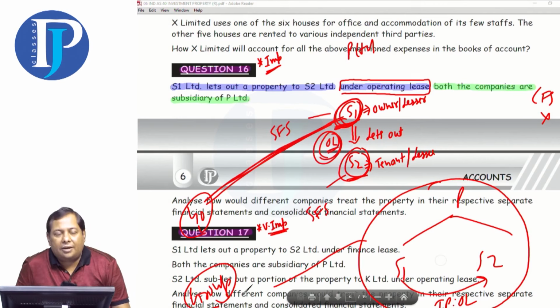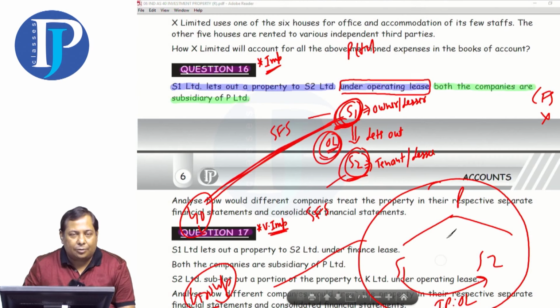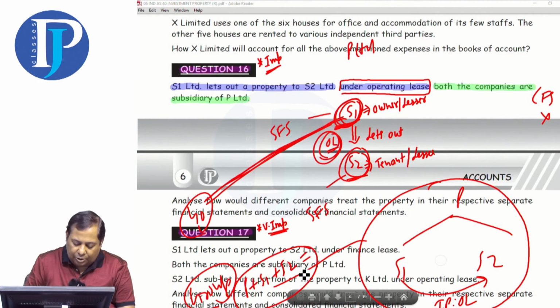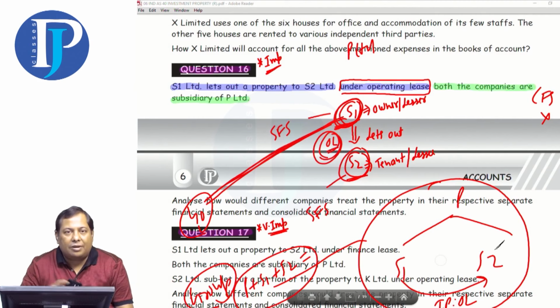And when they form a group, they'll create CFS. So their mutual transaction will be cancelled. So we'll write P plus S1 plus S2. When we put all three together, the property will return to the group. Now we need to see that the property is being used or leased to a third party.